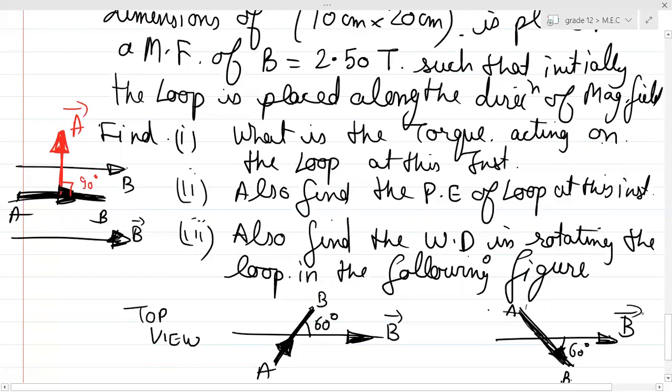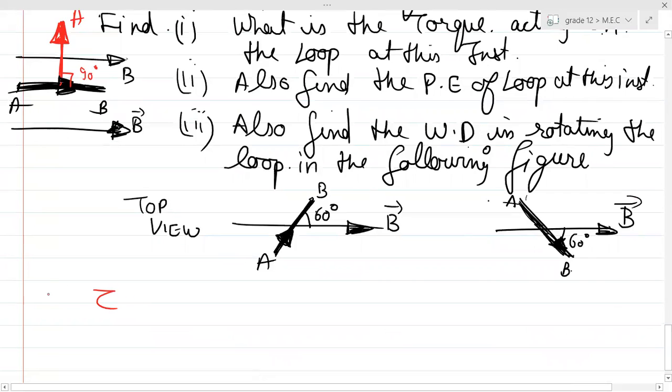So what is the torque acting in the first case? The torque will be B into I into N into A into sine of the angle.